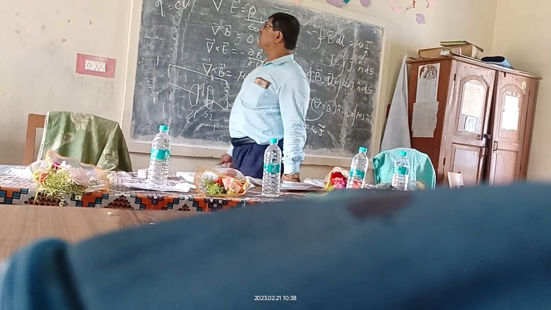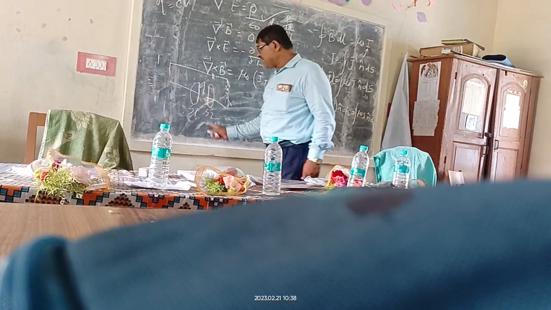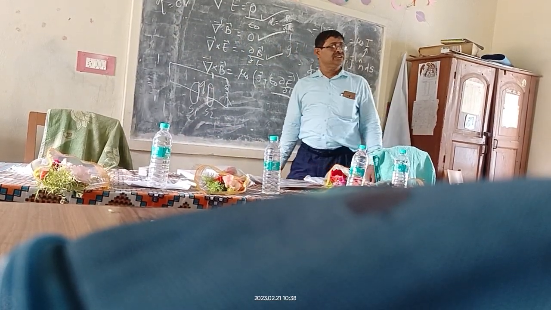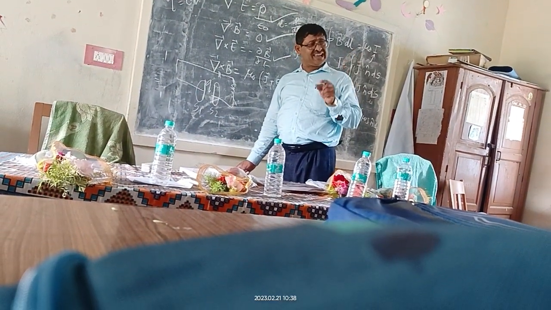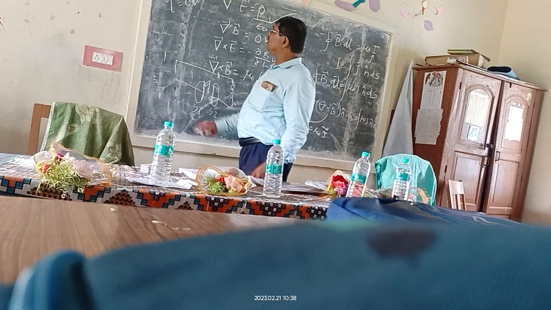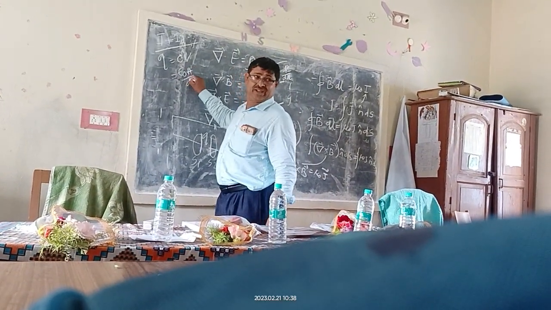If it is a parallel plate capacitor, D is the distance of separation between the two plates and A is the area, then from our plus 2 knowledge, capacitance is epsilon 0 A by D.